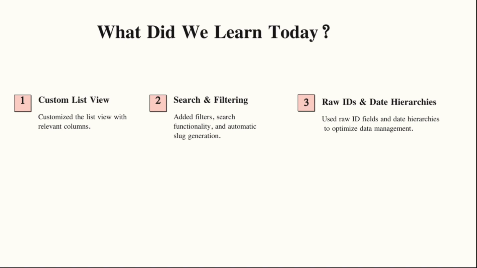Let's quickly recap what we have covered today. We enhanced the admin list view with list_display to show key fields like title, author, status, and publish date. We added filters using list_filter to quickly narrow down data. We enabled search functionality with search_fields for efficient record lookup.